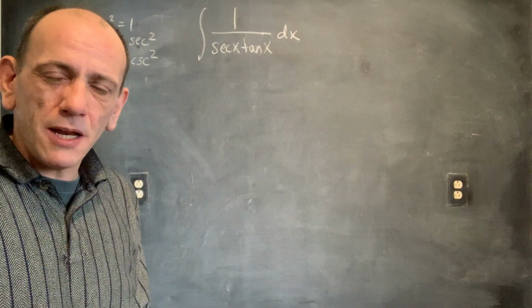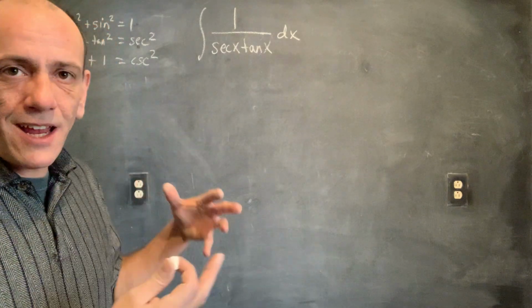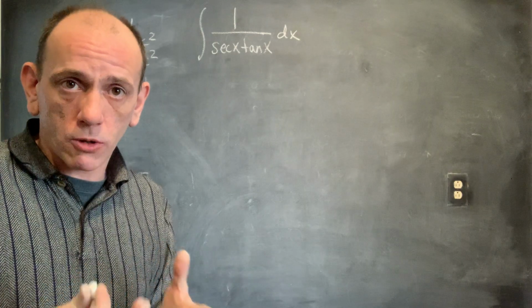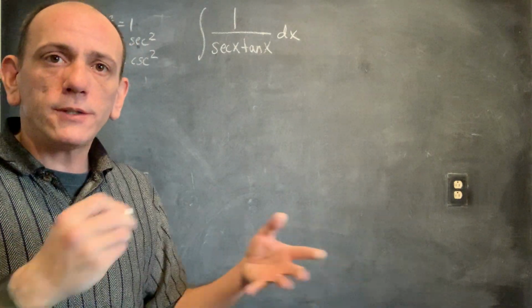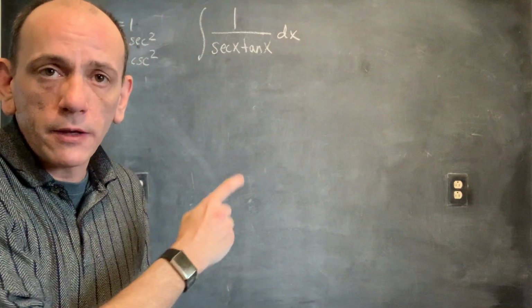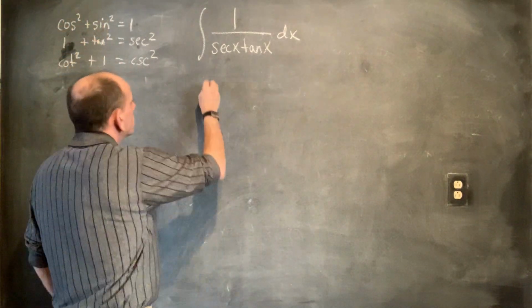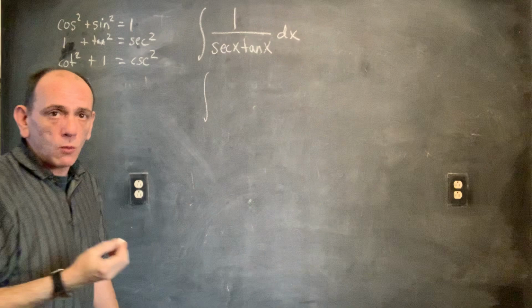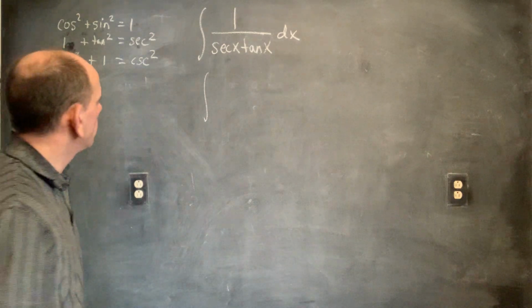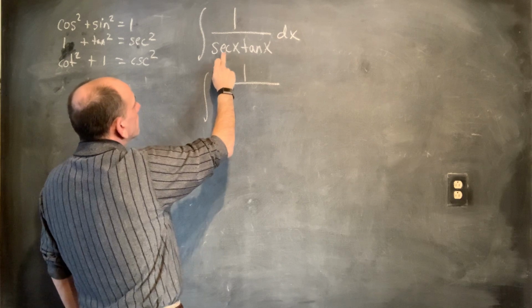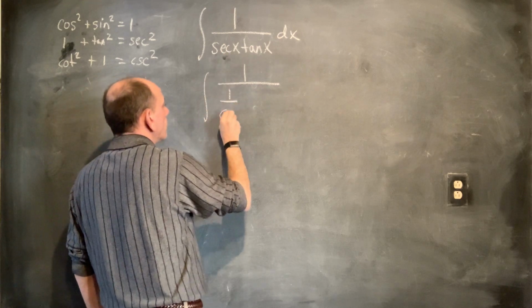And I go, but wait a minute. Secant and tangent, they're like reciprocals and relationships of other basic trig functions, sines and cosines. So let's see if we can plug some stuff in there, simplify, and see if life gets any better. So this is one of the ones where I'm going to resort to definitions. I say, okay, well, the secant is 1 over the cosine.